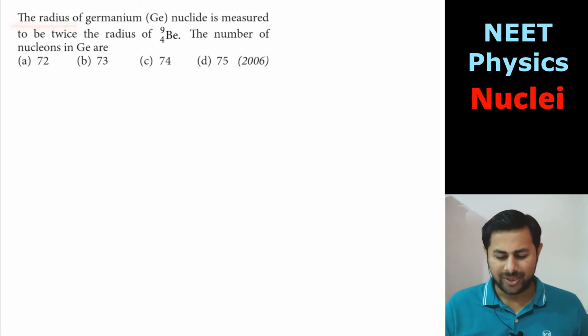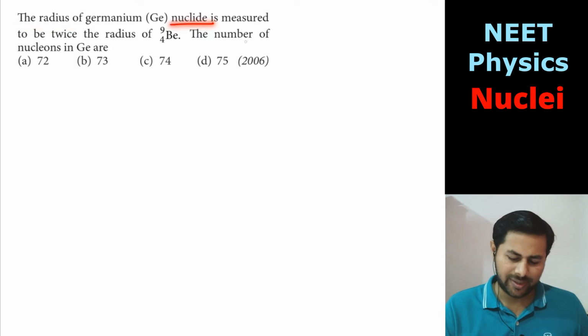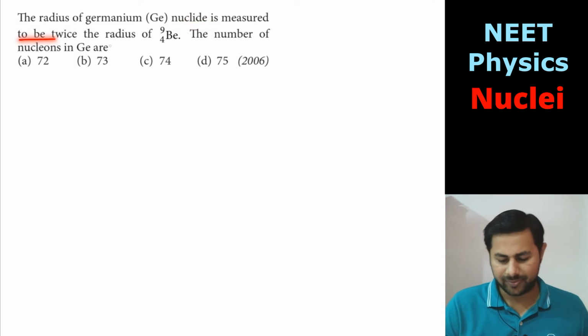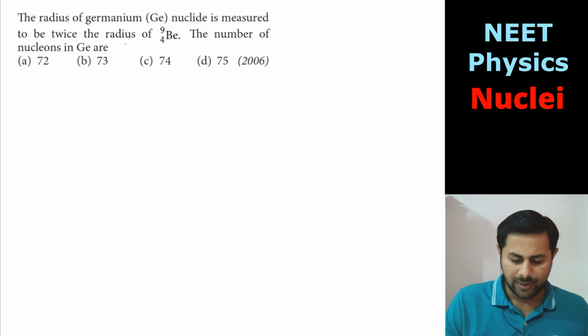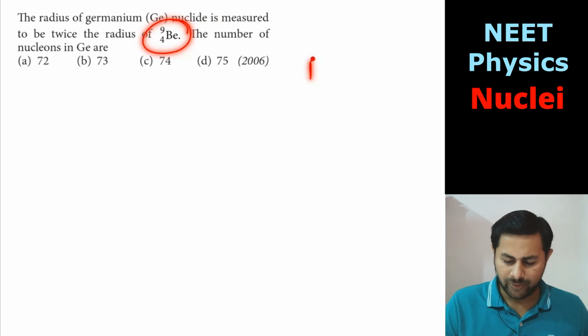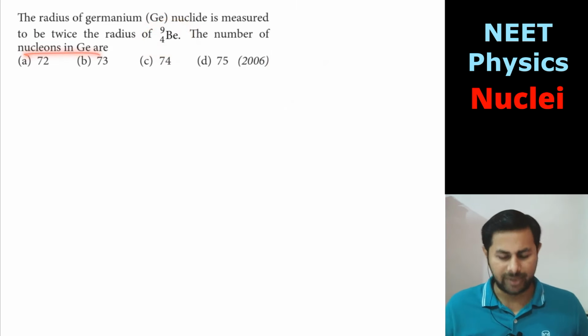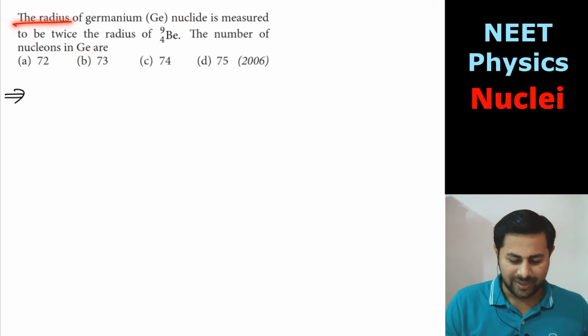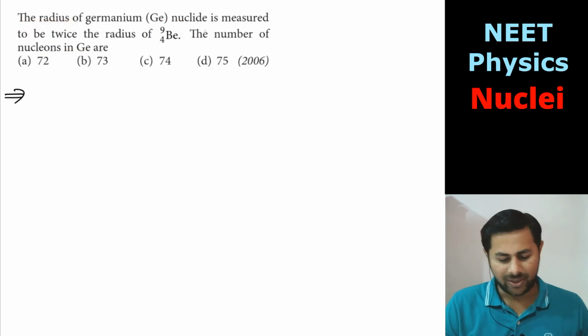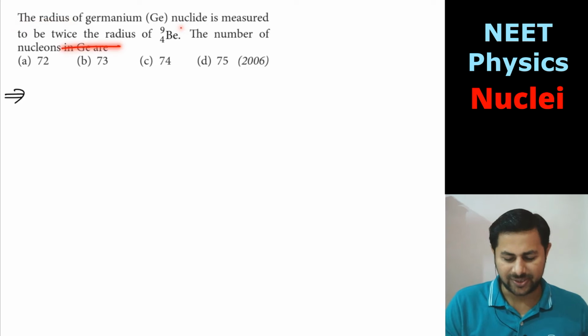The radius of germanium nucleus is measured to be twice the radius of beryllium 9 4.